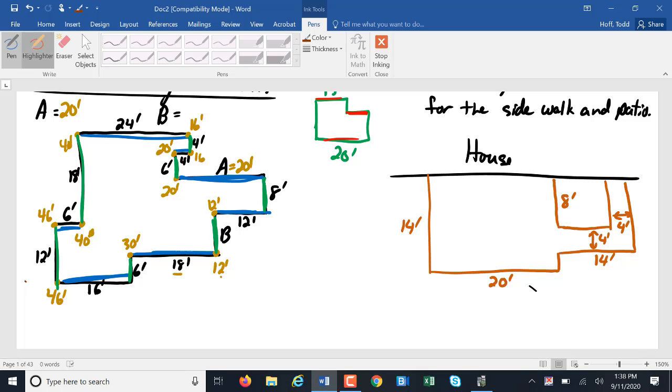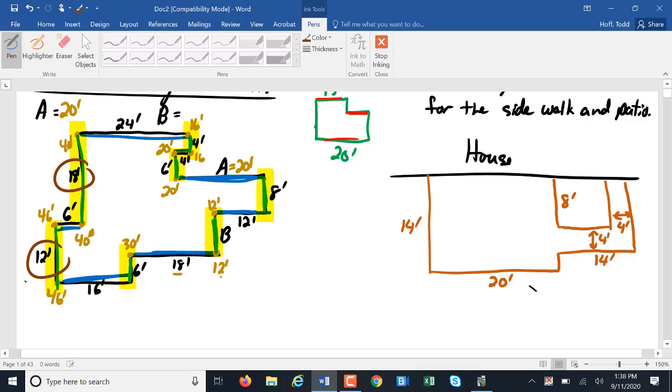We know that these green lines here go all the way from top to bottom. These green lines here go all the way from top to bottom. So they have to add up to the same thing. So we have 18 and 12 here. That adds up to 30. Perfect.